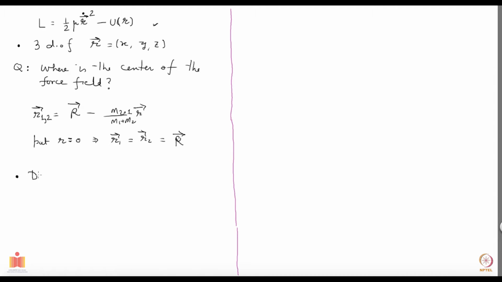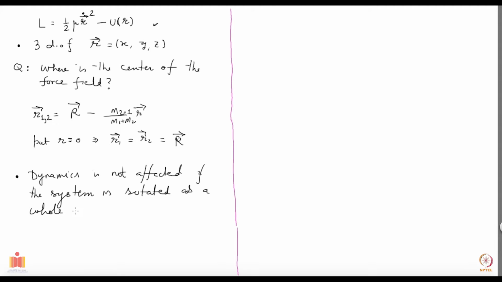The dynamics is not affected at all if the system as a whole is rotated about some axis.